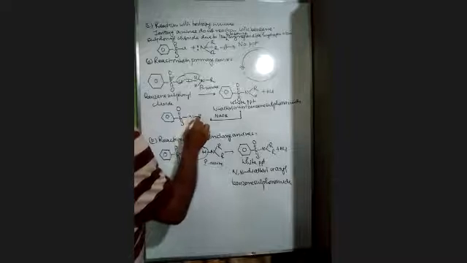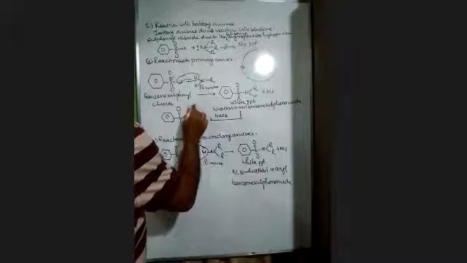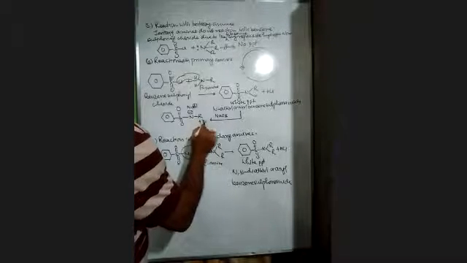Once you add sodium hydroxide, the white precipitate dissolves because it forms a salt. So what are you going to get here? We write now here: white precipitate dissolves.